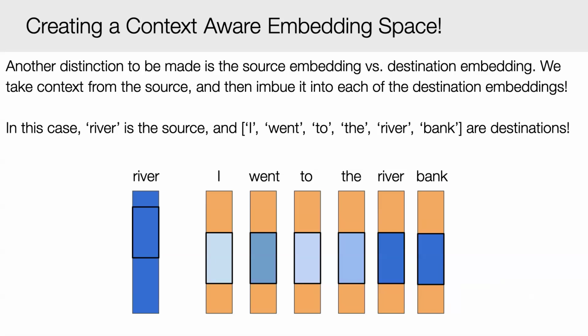One distinction we want to make right now is between the source embedding and the destination embedding, because we want each embedding to send its context to all of the other embeddings. Each time this happens, one embedding will act as the source embedding, and the rest will act as the destination embeddings.